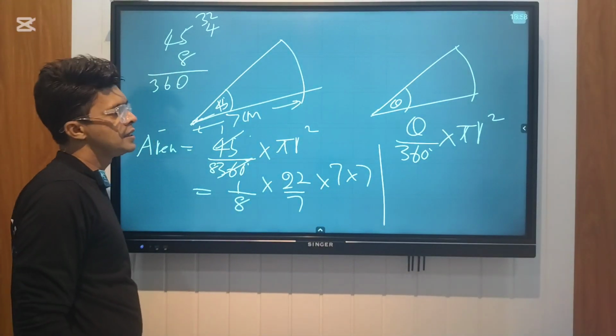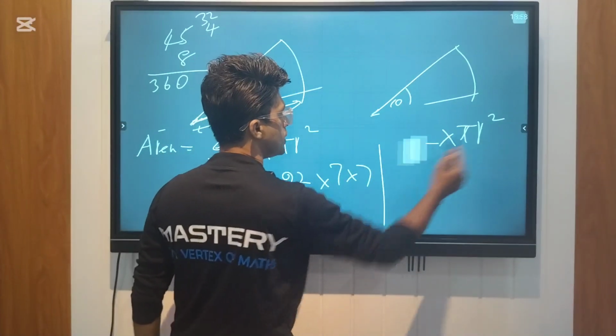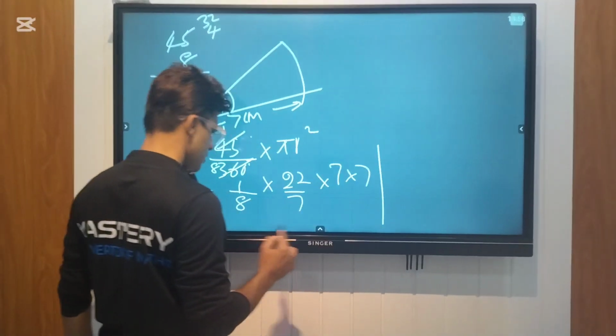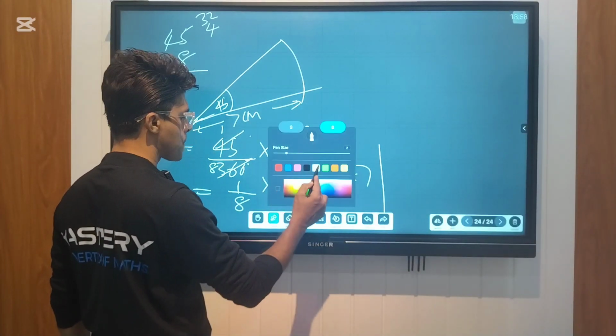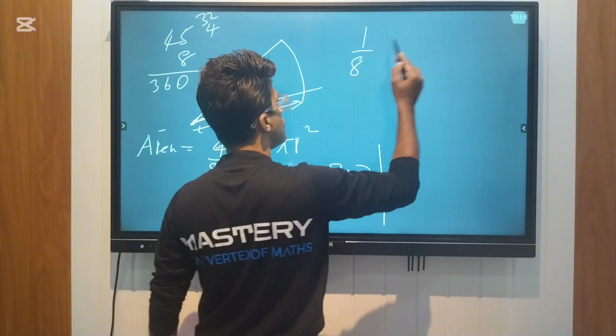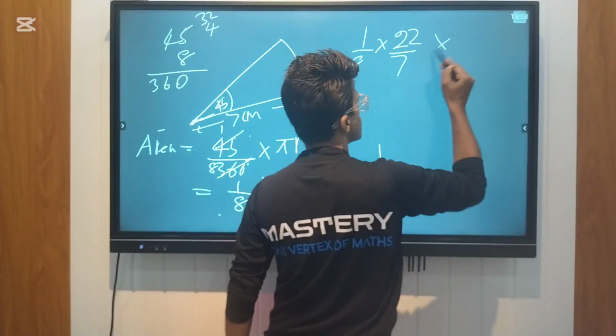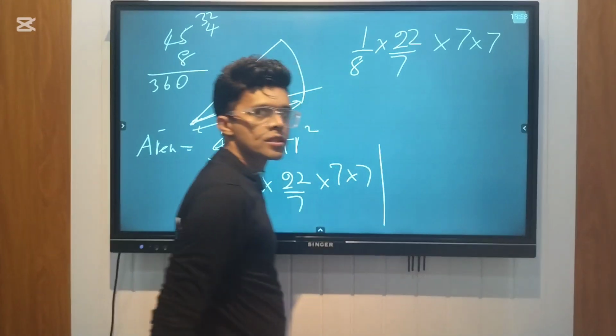Now let's simplify. Here I will remove this diagram. 1 over 8, 22 over 7, 7 times 7. One 7 can be cancelled out.